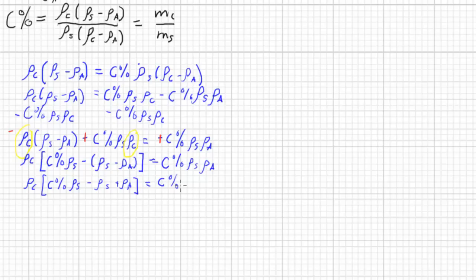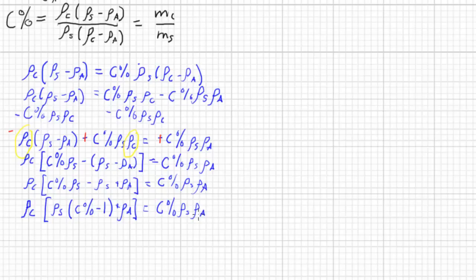Okay, we can combine these two terms. So it just becomes C percent minus 1. Then I'm going to divide both sides through by this term. So we can finally end up with an expression for the density of the crystalline form.